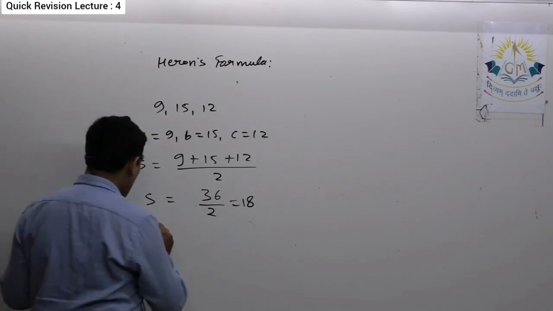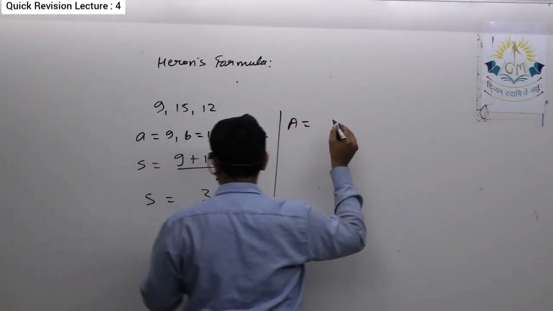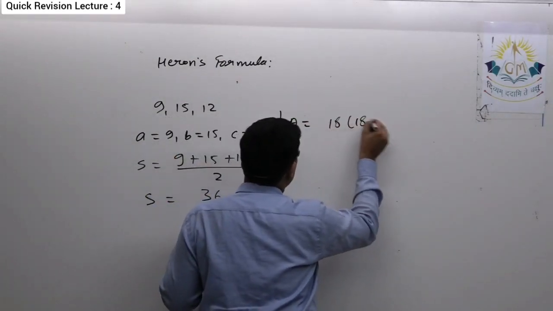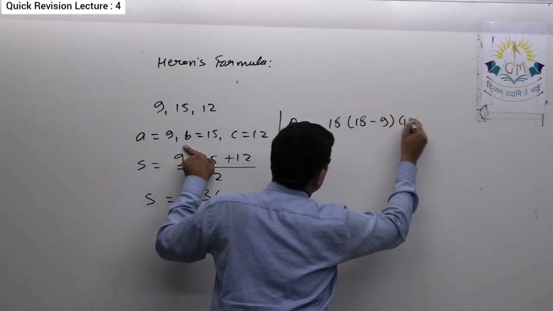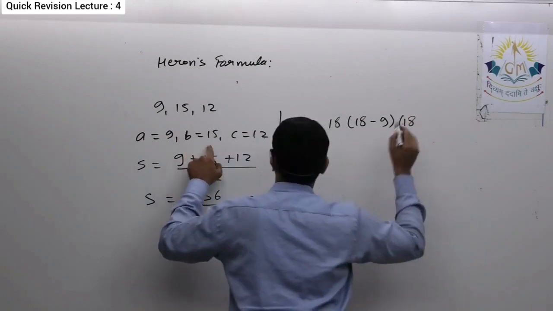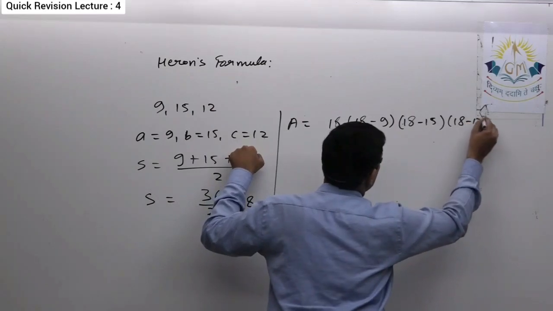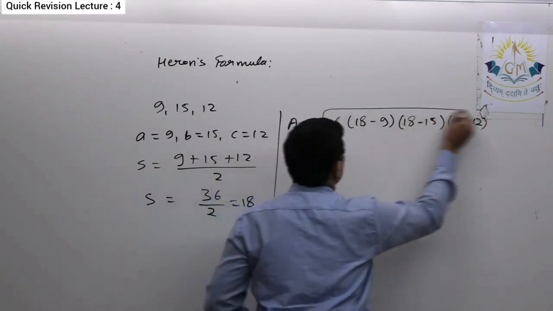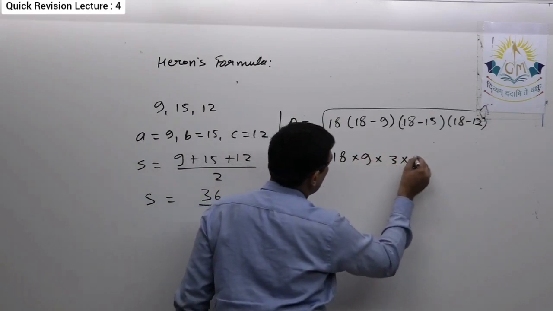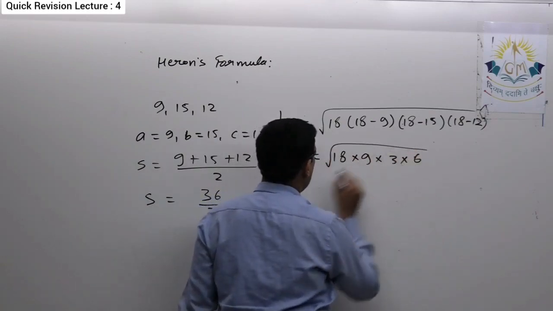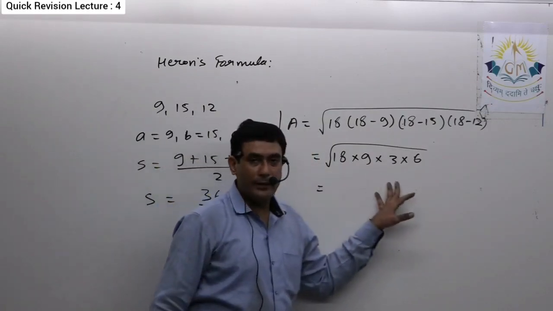Okay, so the area I can write as root over 18, then 18 minus a, that is 9, then 18 minus b, that is 15, then 18 minus c, that is 12. So this will be root over 18 into 9 into 3 into 6. Now most of you, after this, start multiplying.